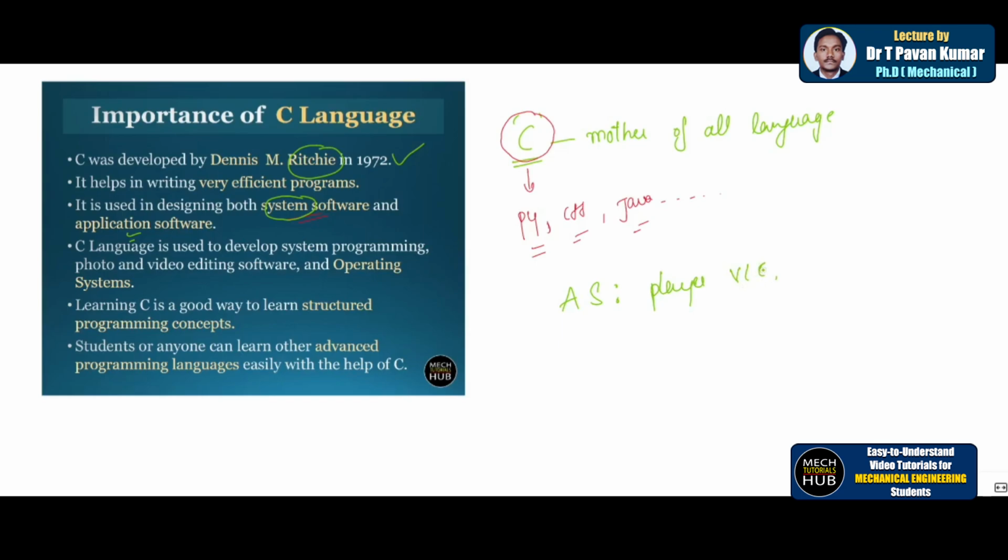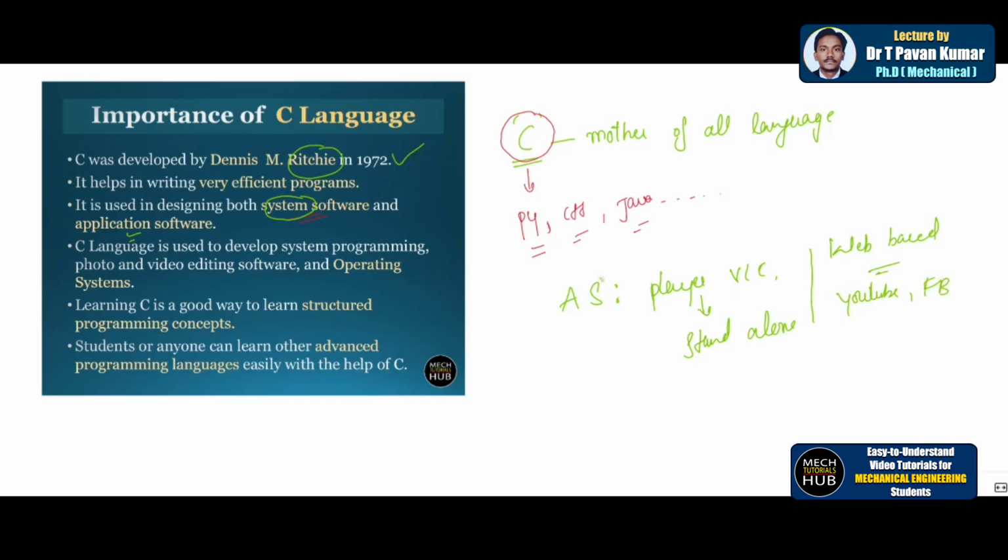Okay, other than that, which we call standalone software, these are called standalone software. Other than this, there are web-based software also, which we generally use, YouTube, or else Facebook.